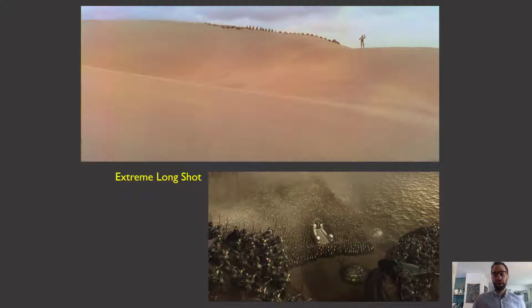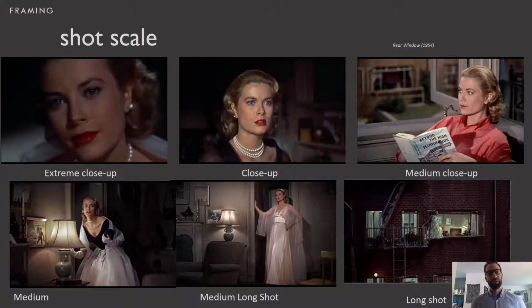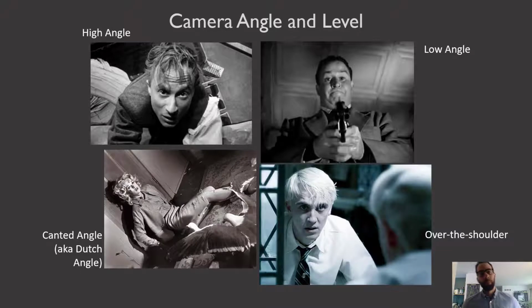Just use them at your discretion, and generally, when I'm grading things, I'm going to be pretty accepting of differences. Here's a quick and dirty way of seeing all of the different shot scales in one film with one human subject.